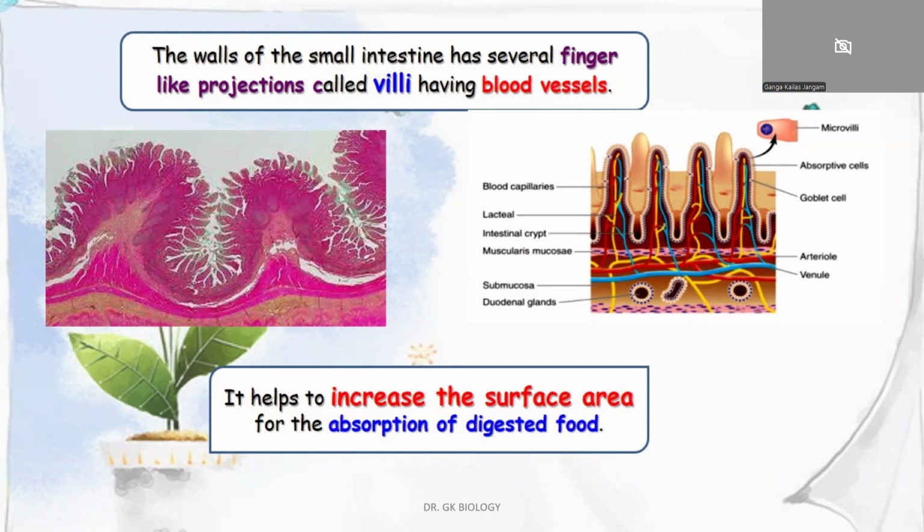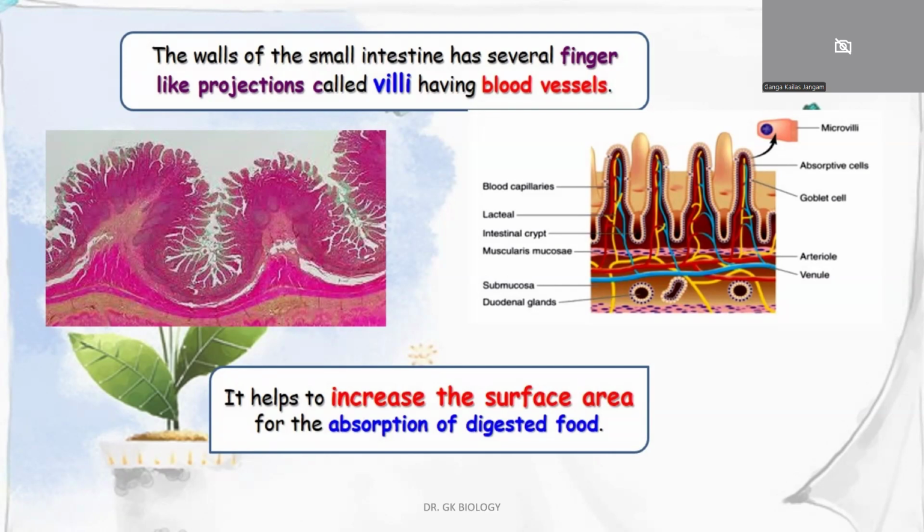The walls of the small intestine have several finger-like projections called villi, having blood vessels and blood capillaries. They help to increase the surface area for the absorption of digested food.